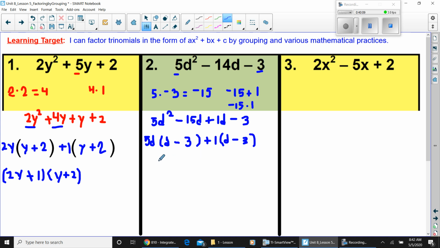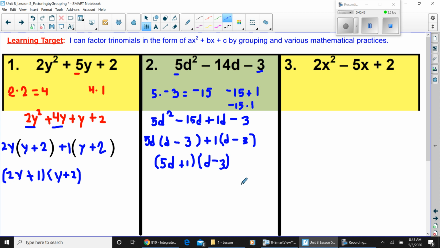So when you put this together, you have 5d plus 1 inside parentheses, and then times d minus 3 inside parentheses. And that is your final answer. Go ahead, press pause, and try number 3.